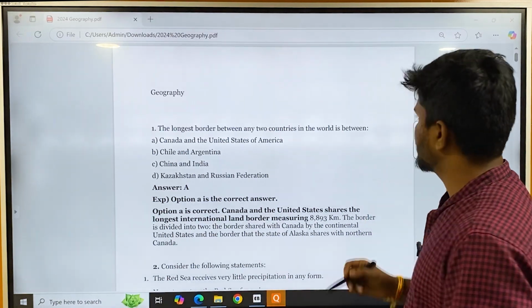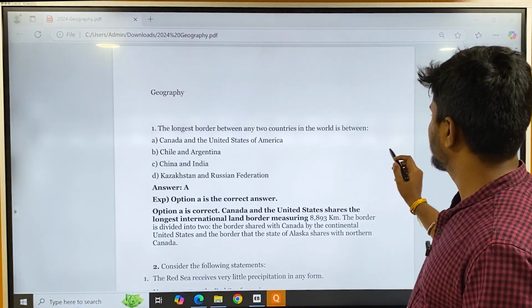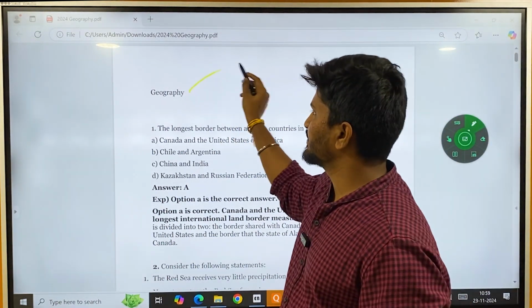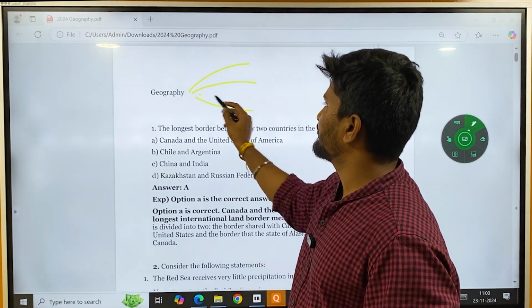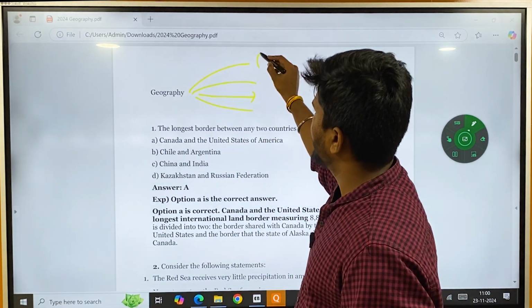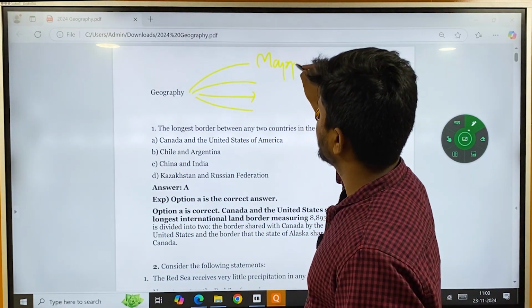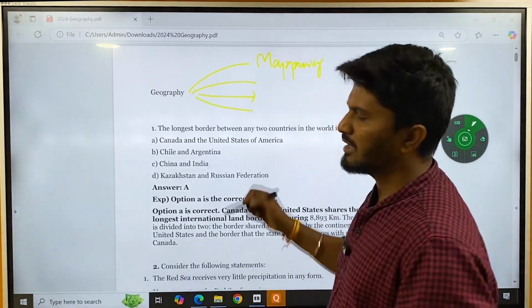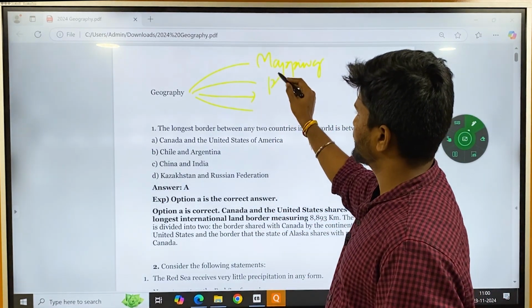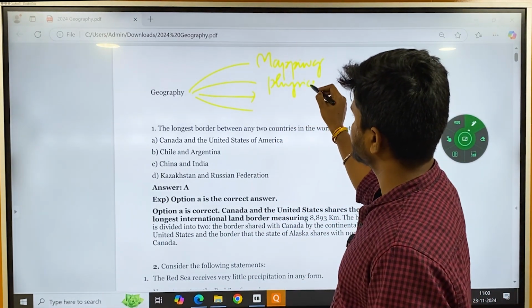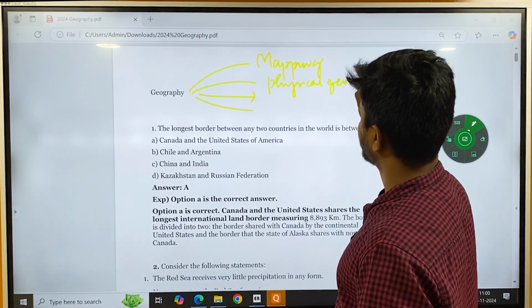In geography, mainly mapping will be the important one in prelims. Apart from mapping, there is physical geography. What is physical geography?